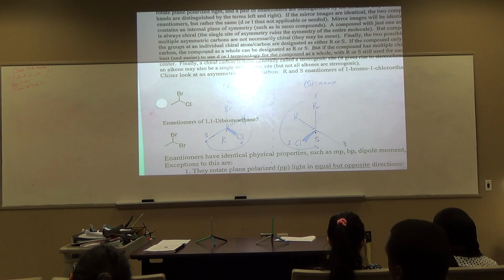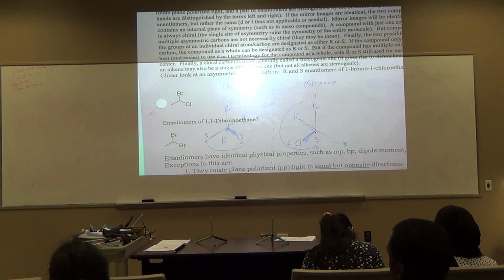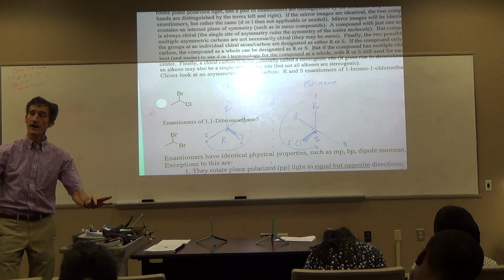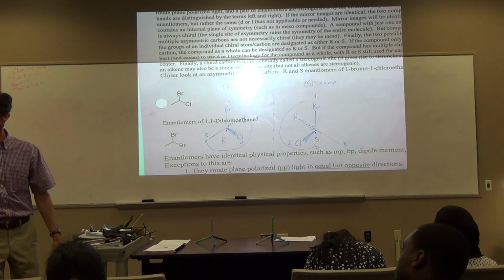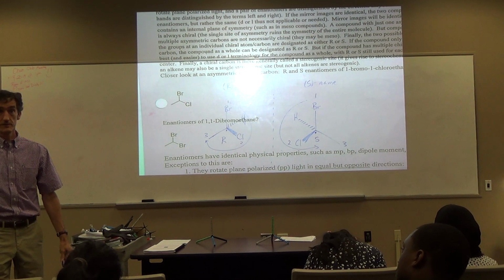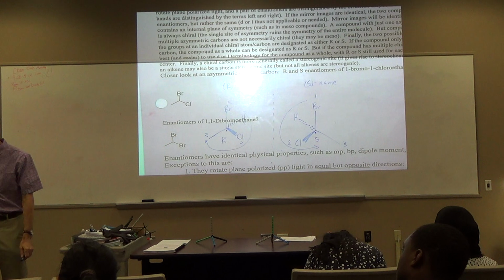Now you can say, hey, bring me the R enantiomer. And I know which way we're talking about. That's just like if you said, hey, hold out your right hand. And I'd be like, oh, this one. Okay? Hey, hold out your hand.